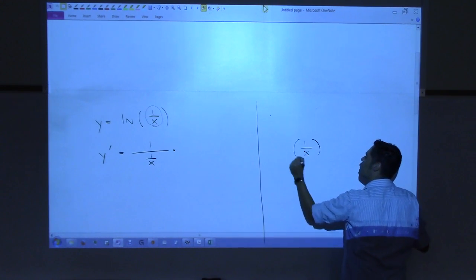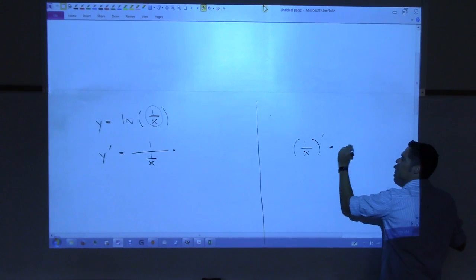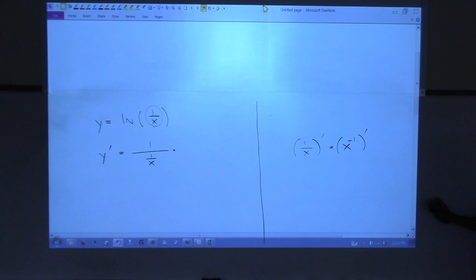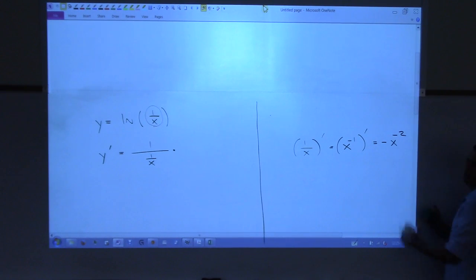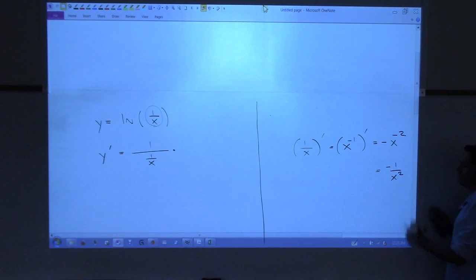So you're going to do quotient rule for me? You could, right? You could rewrite that as x to the -1 and take the derivative. That'd be negative x to the -2, wouldn't it? And that's the same as -1 over x squared.